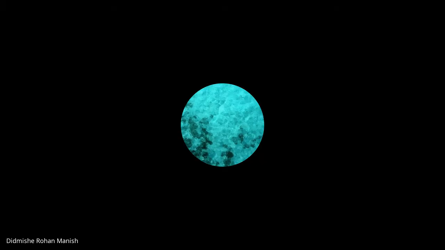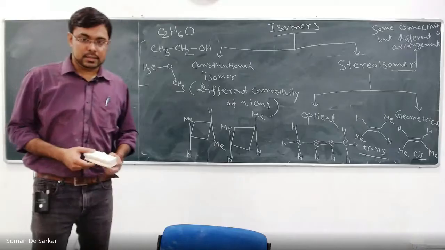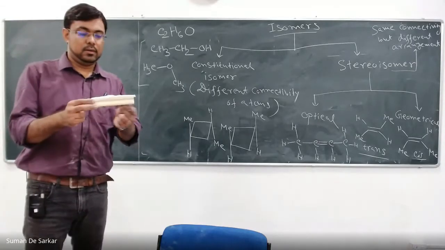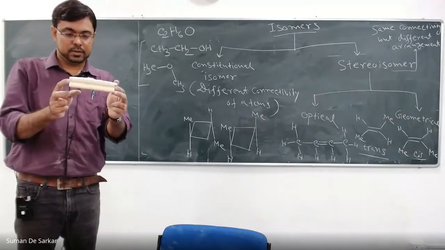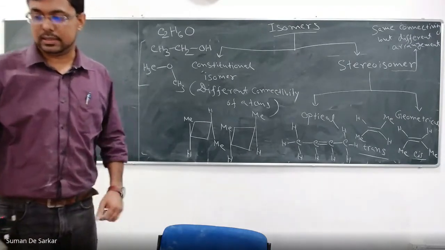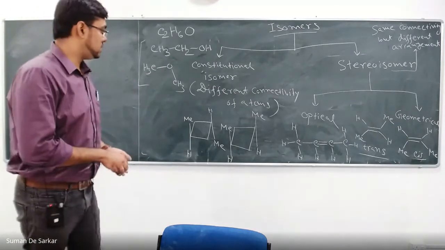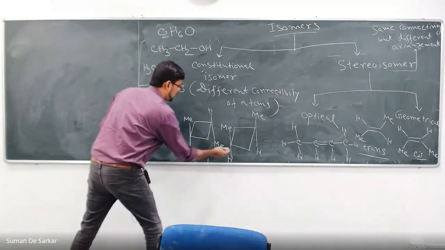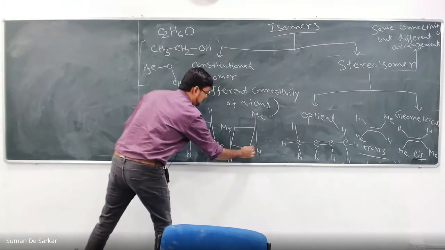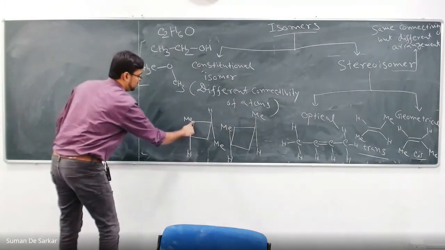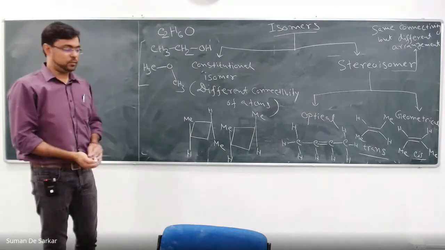Sir, are all four carbons of the square in one plane? Yes, the cyclobutane ring we are considering as planar. Because the other carbons are not having methyl groups, they are having hydrogen, hydrogen, hydrogen, hydrogen, that's why we are not drawing them and making it more complicated.